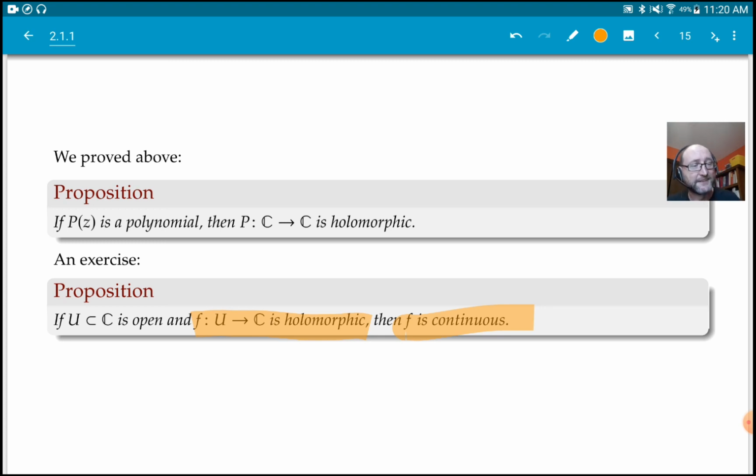You have the difference quotient, and the only way that it's going to exist is if the numerator goes to 0, which is precisely what continuity is. So it's not too hard to prove. So holomorphic functions are continuous. Definitely not vice versa. There's a lot of continuous functions which are not holomorphic. Vast majority.